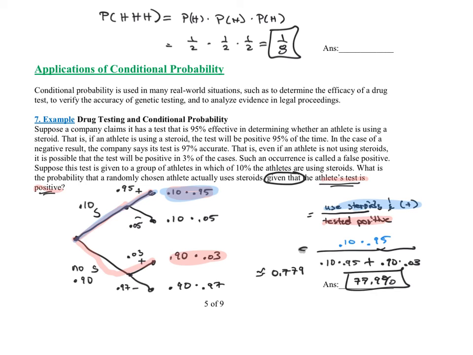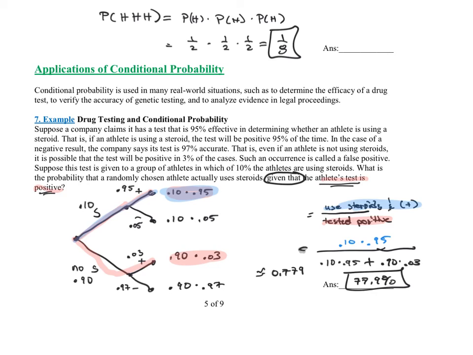I want you to think the flip of that. The flip of that would mean if they tested positive, 22% of them, or about 2 out of every 10, or 1 out of every 5 people that this test says use steroids didn't actually use steroids. That's an alarming rate to me, because that, as an athlete, would kill your career. So the company is going to boast that it's 95% effective.